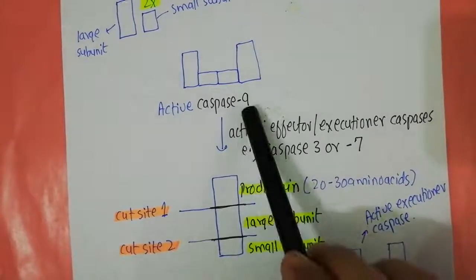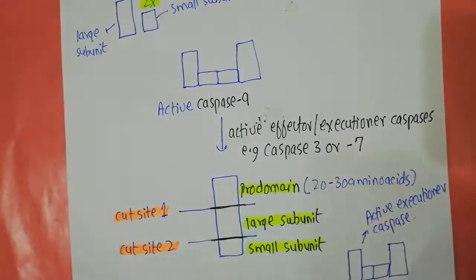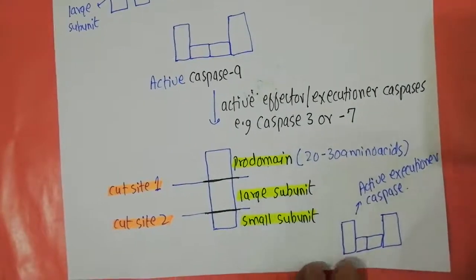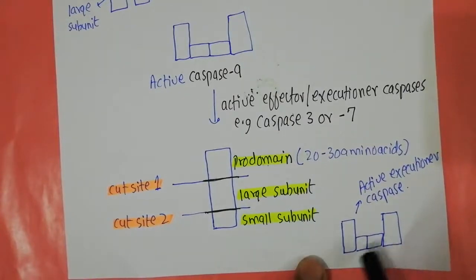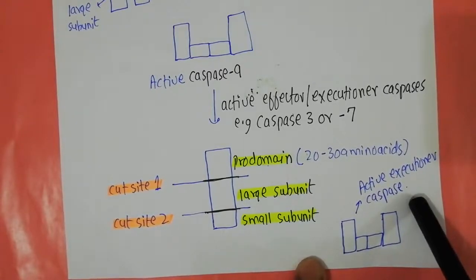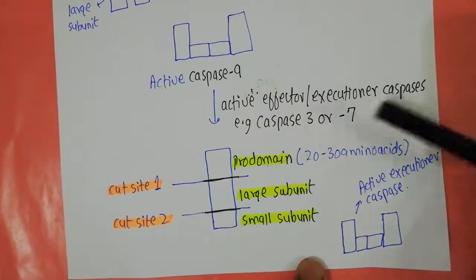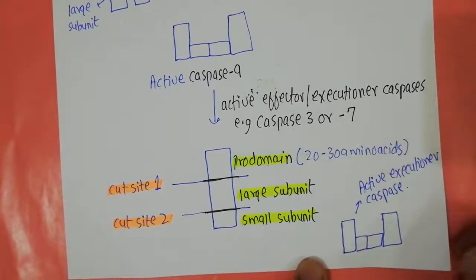The active caspase 9 is going to cleave multiple copies of the executioner caspases, and just like the initiator caspases, you need two copies of the large subunit and two copies of the small subunit to make an active executioner caspase, for example an active caspase 3 or an active caspase 7.